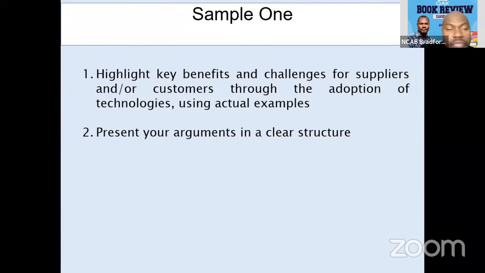Let me give 2 or 3 people the opportunity to tell me how you are going to structure this essay. Or if you want, you can unmute yourself and just tell me. I think that will reduce time. You can unmute yourself and tell me the structure for this essay based on what I've said.